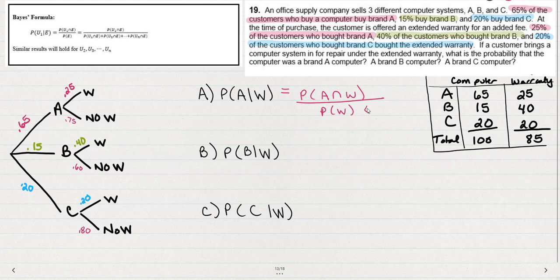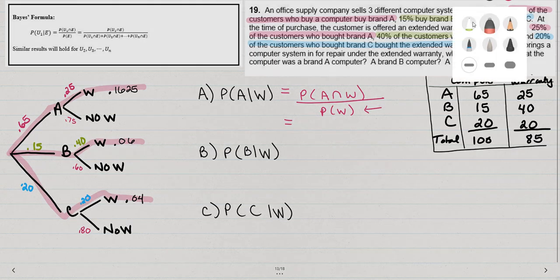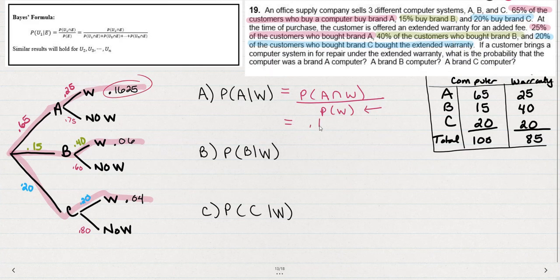So we're going to add the 3 warranty options there, right? The probability of A and warranty is 0.1625. And for the denominator, I'll add the 0.1625 to the 0.06 and the 0.04. And that is going to come to 0.1625 divided by 0.2625.